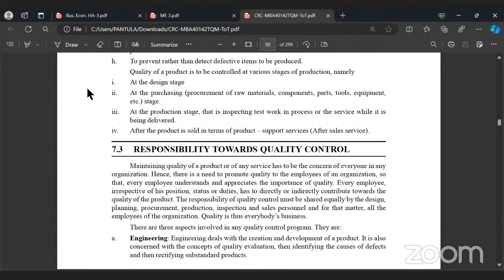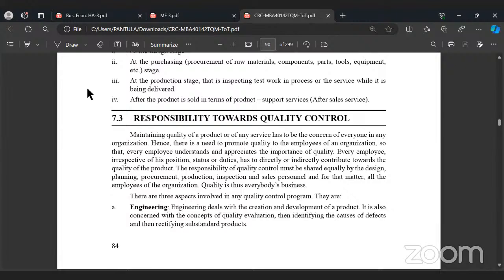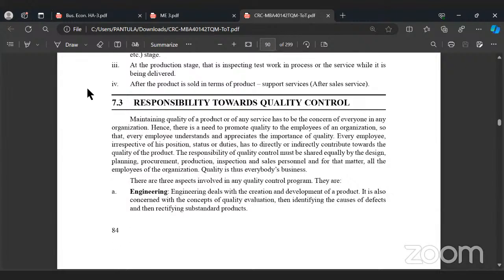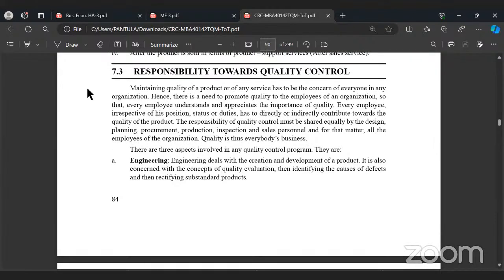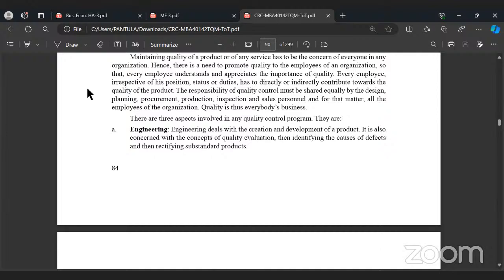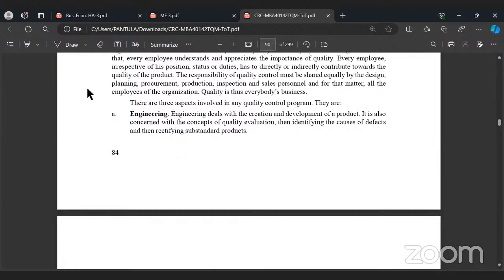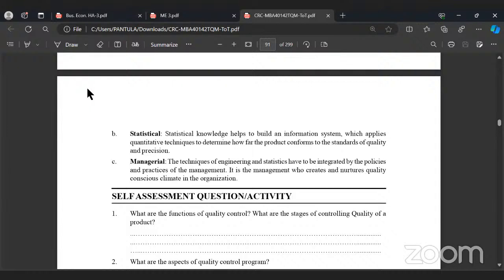So at the production stage, inspection is done, and for services while being delivered. These are the things. Then, who is responsible for quality control? The first factor is engineering. Engineering deals with the creation and development of the product: certain concepts, quality evaluation, identifying causes of defects, and rectifying substandard products. Then statistics.